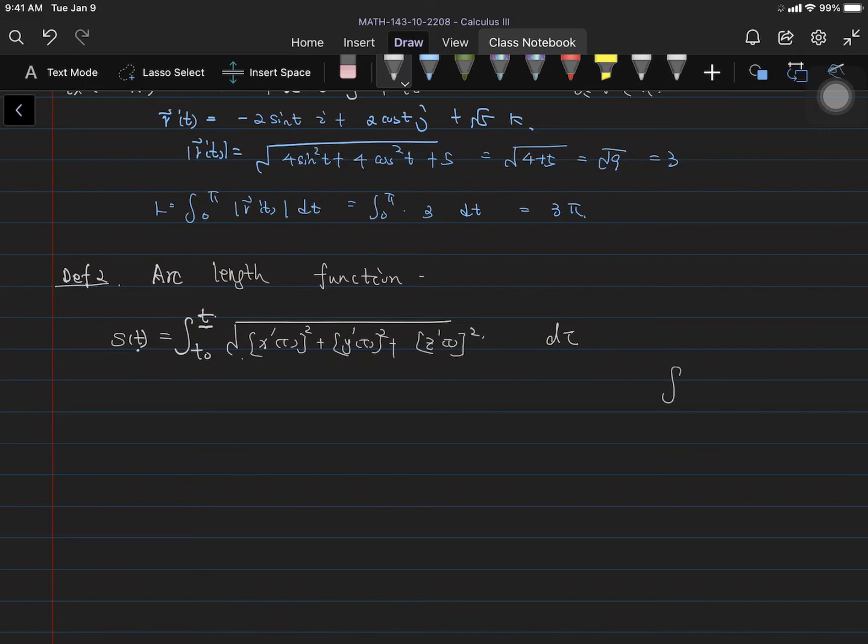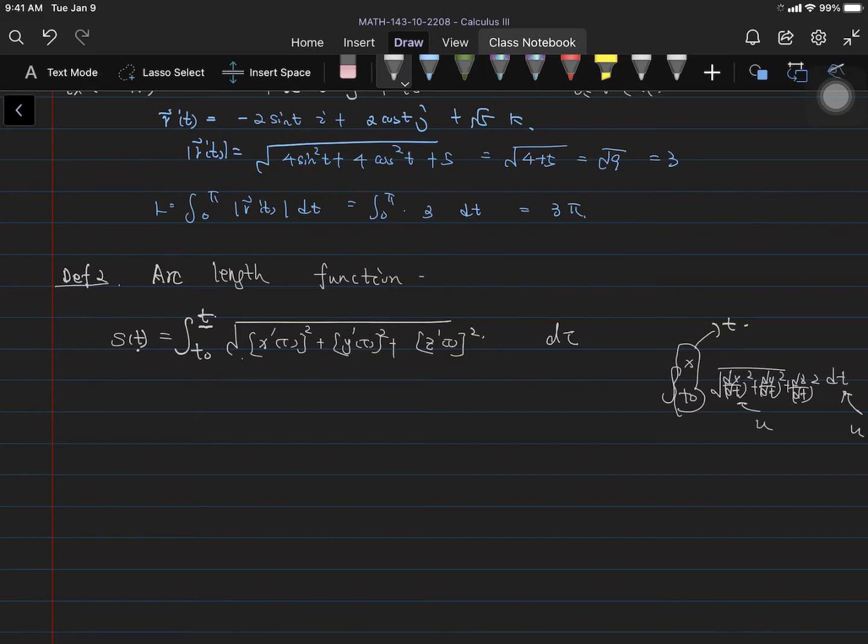It's the same as if we say t naught to t, and here you still do dx dt squared, dy dt squared, dz dt squared. But because we want to make them consistent, that's why we like to choose this to be t, and we change this variable into just another variable. You can also use u, it doesn't matter too much.